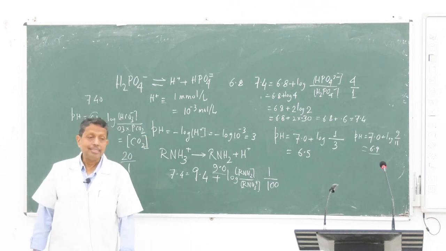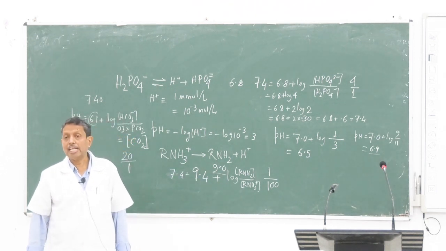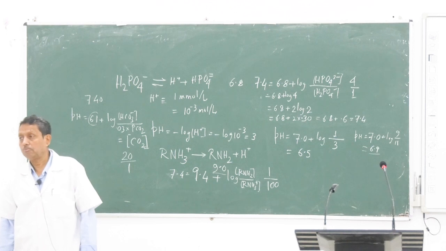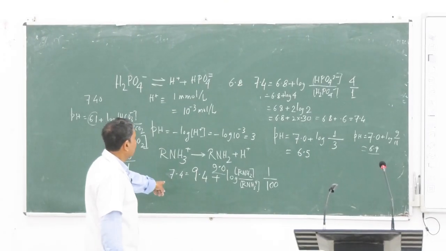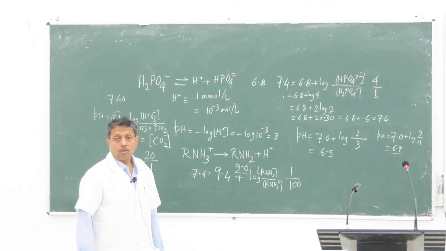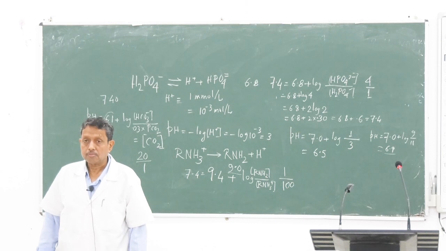If you consider R as H, the major part will be in the protonated NH4 plus. But the same pH is maintained; it is called the isohydric principle.